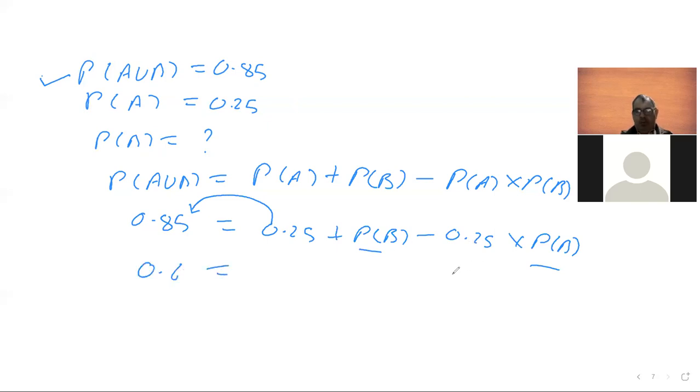What is P(B) minus 0.25 P(B)? Can I take P(B) common and write 1 minus 0.25? Is it right? So 0.6 is equal to P(B) into 0.75.